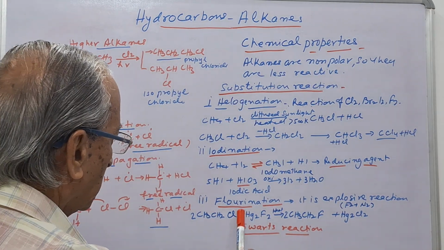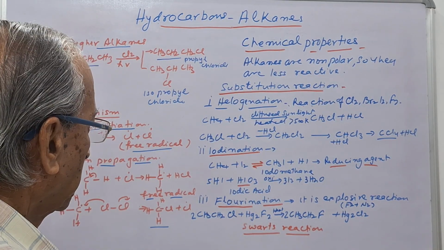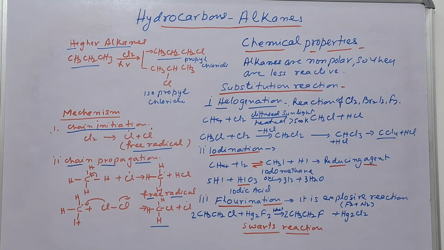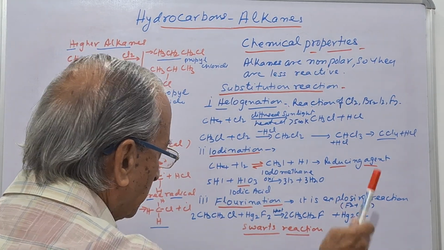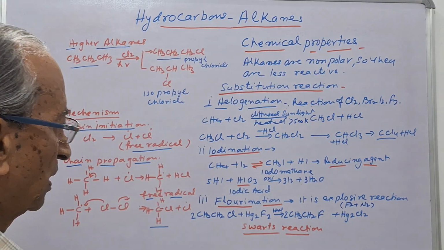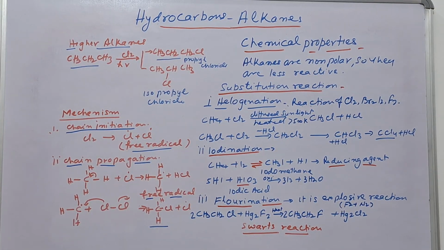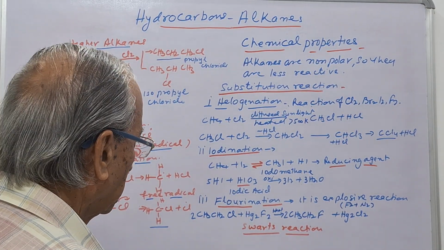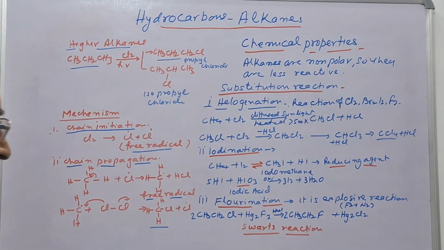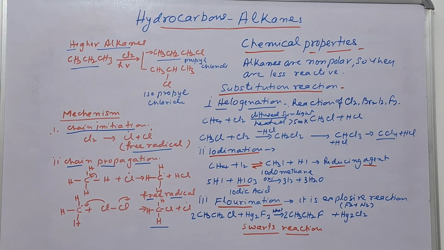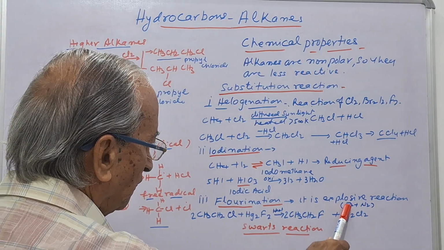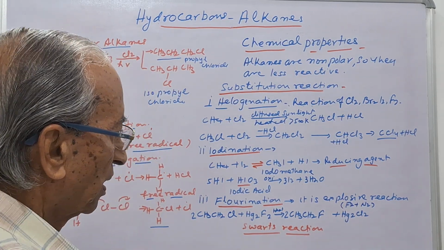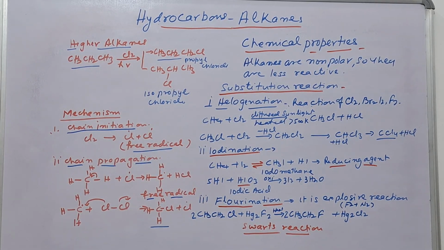Now third is fluorination, that is reaction of fluorine. You see, it is an explosive reaction. It means when fluorine reacts with alkanes, it may explode. So in this reaction, fluorine is first diluted by using an inert gas.